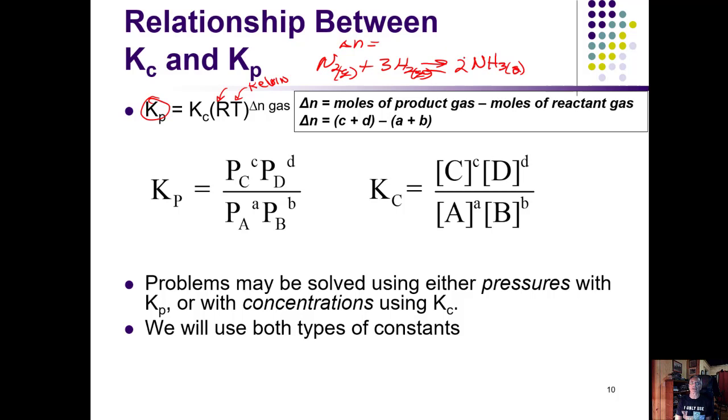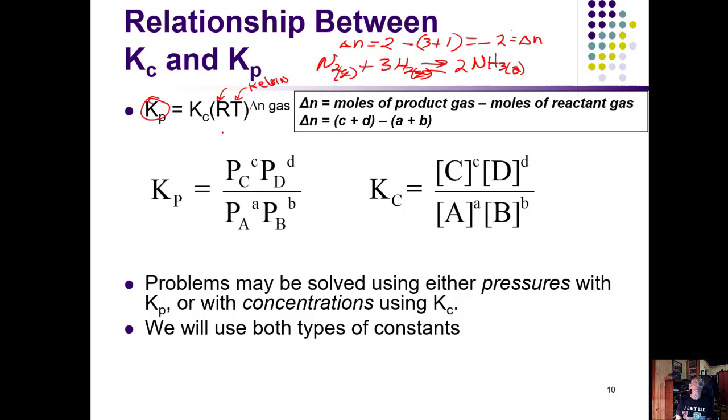This is going to be my 2 moles of ammonia, so that would be 2. These are my products. And that's going to be minus the sum of the coefficients of my reactants. That's 3 plus 1, so that's 2 minus 4, which is going to give me a minus 2. So this would equal delta N in this expression, okay?